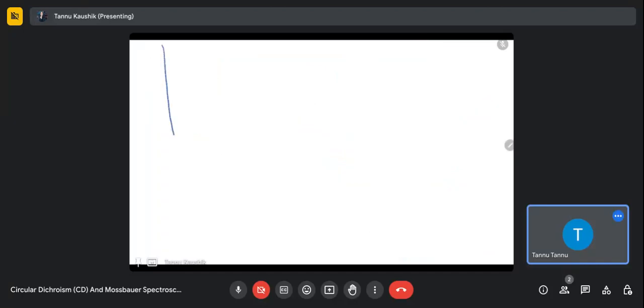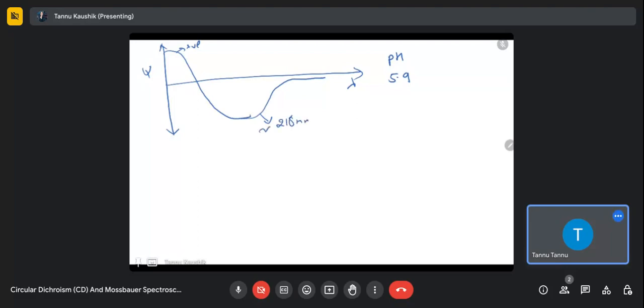Also, if we are given a sample for which the structure is changing with a change in pH and temperature, for example, if at pH 5.9 we are getting a positive band and a broad band around 218 nanometer, then we can say that at pH 5.9 we have beta sheet structure.